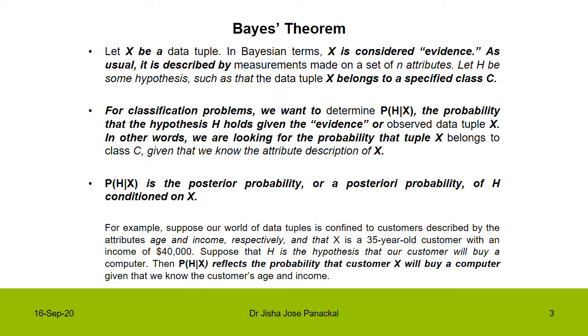We have to calculate P of H conditioned on X. We will see all of this by example. Let's define the terms first, then we will discuss it in detail using an example.